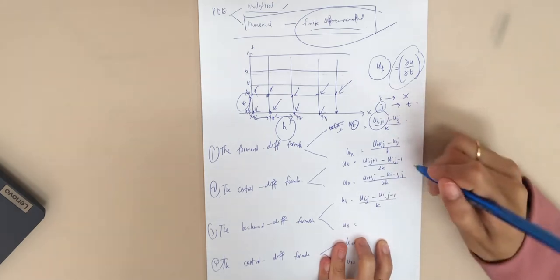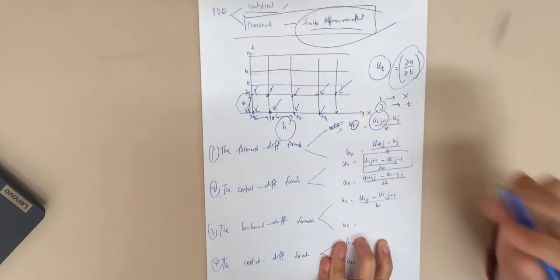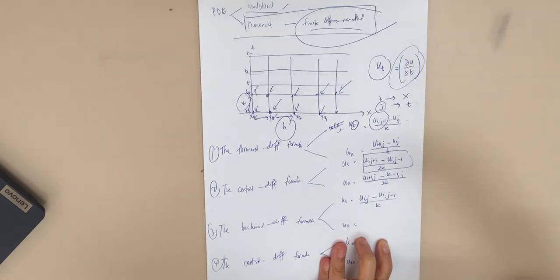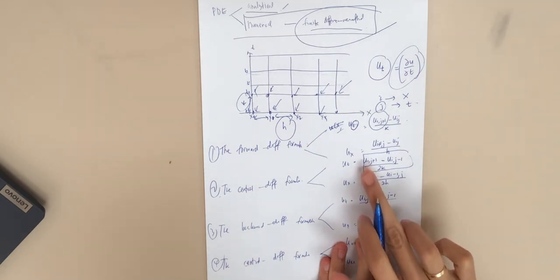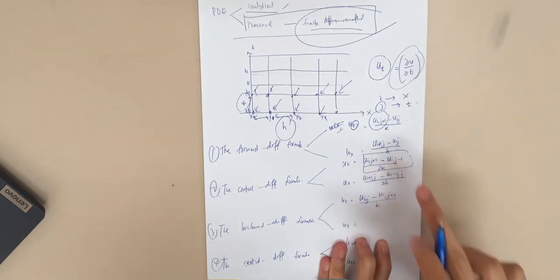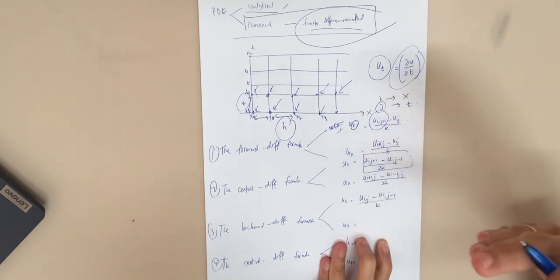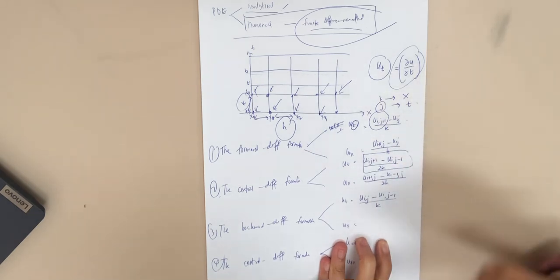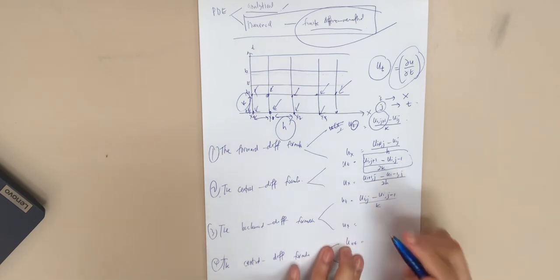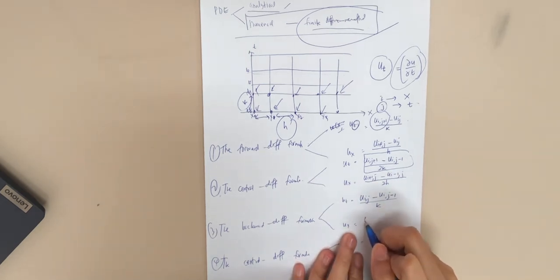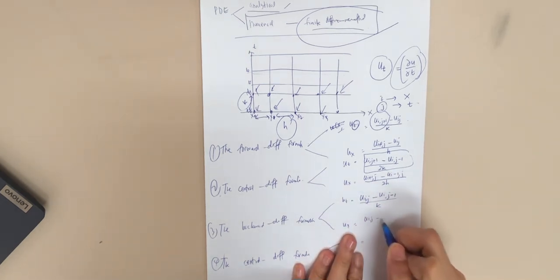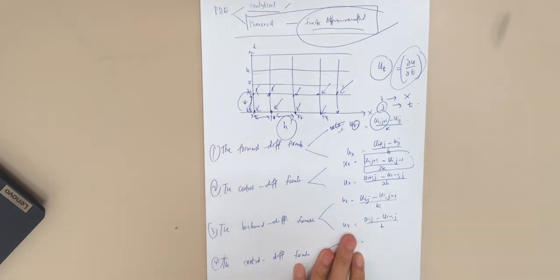For centered pula, it is a combination of both forward and backward, so that's why u i j plus 1 minus u i j minus 1 is the combination of forward and backward. So for backward, u x is u i j minus u i minus 1 j divided by h.